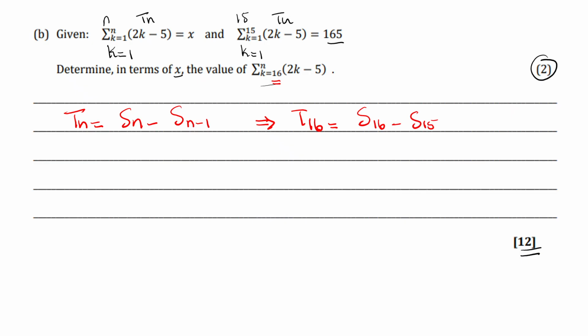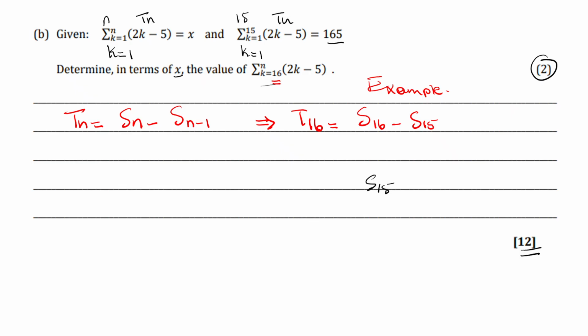So this is just a quick example now, so that you can understand what you need to do in this problem. So now I know that I have the sum of 15 terms.